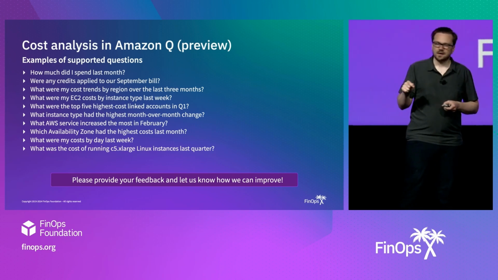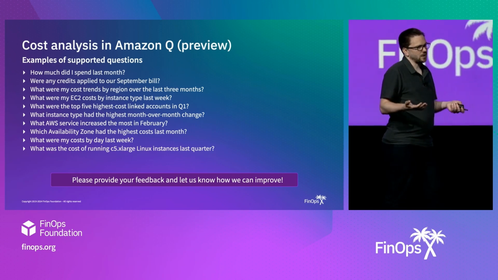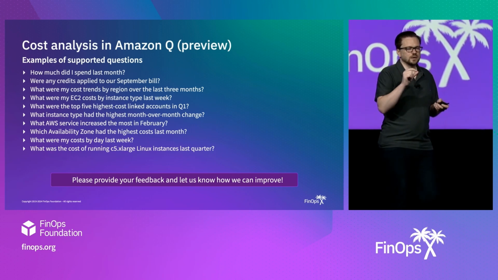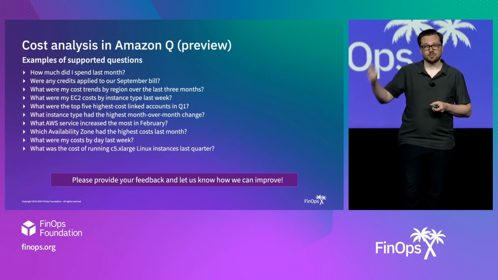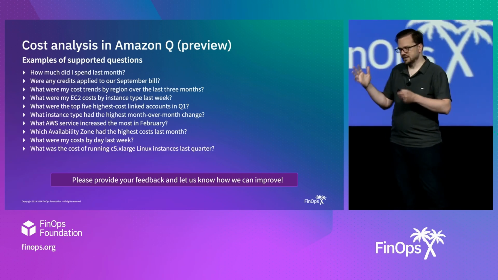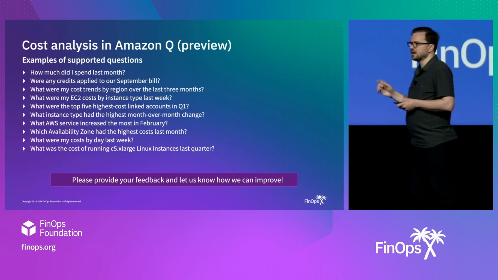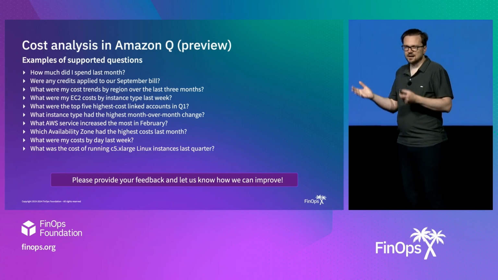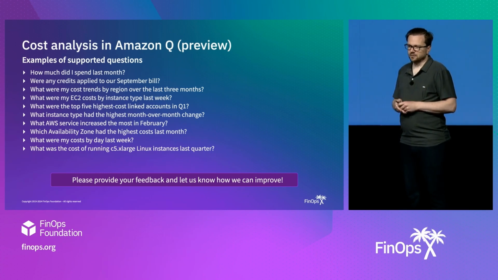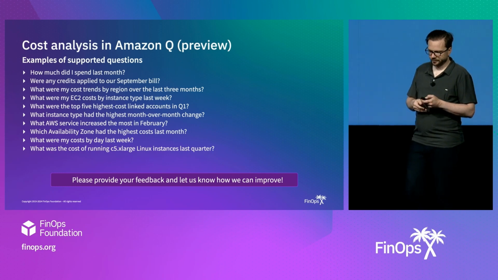So if you say, I want to know my cost for April, you get that link to Cost Explorer so you can either validate the numbers that Q is giving you, or repeat that same question and get the graph for it, if you want to see it in a bar graph format or something like that. The link is right there embedded in the answer from Q. We're excited about this, and excited to continue improving on this technology as well.